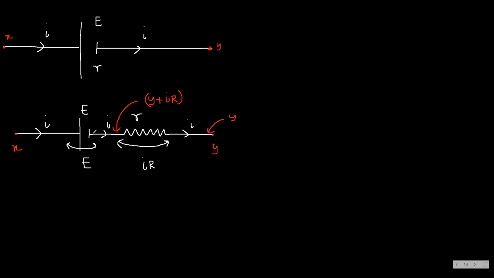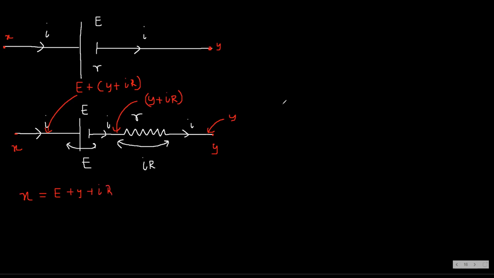Younger one. The younger one's age is Y plus IR. Then what is the older one's age? If the younger one is Y plus IR, the older one is E plus Y plus IR. Then X can be written as E plus Y plus IR.